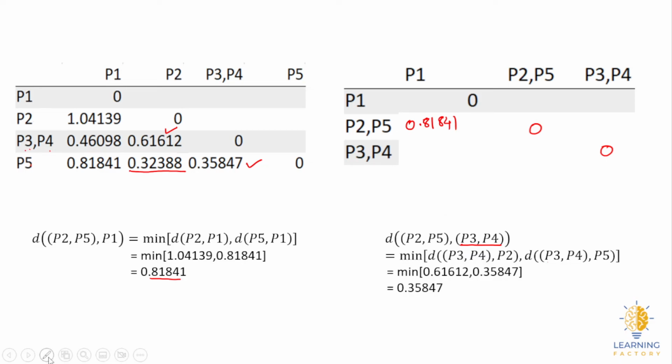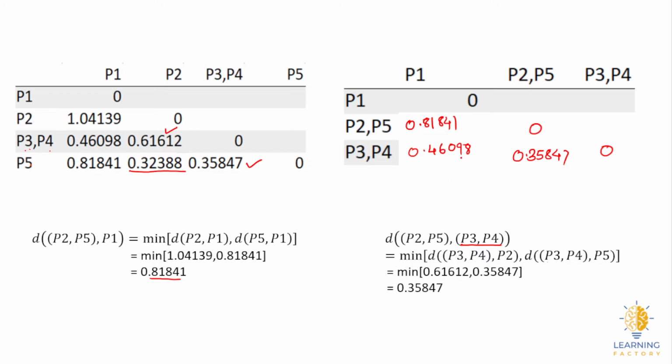Okay, so the minimum between P2, P5 and P3, P4 need to be replaced as 0.35847, right? Now distance between P1 and P3, P4 already we know that, so we are going to replace it as it is 0.46098.